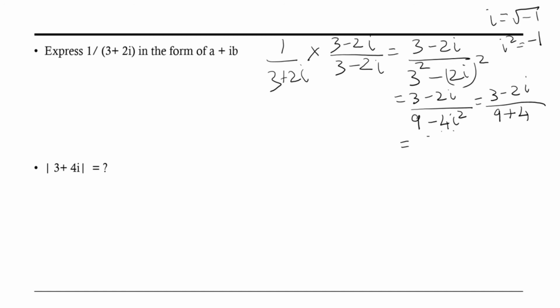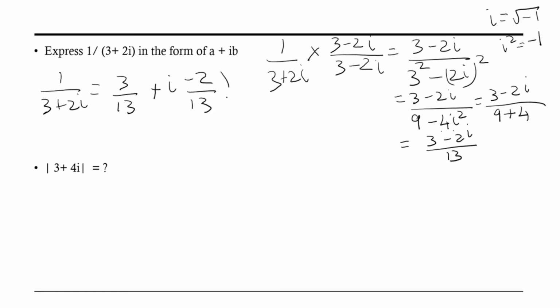So we have (3 − 2i)/13. So we can express 1/(3 + 2i) in the form of a + ib as 1/(3 + 2i) = 3/13 + i × (−2/13). I hope this was clear.